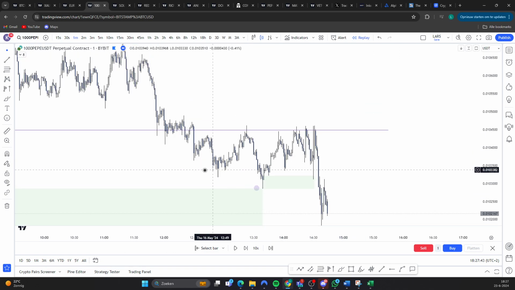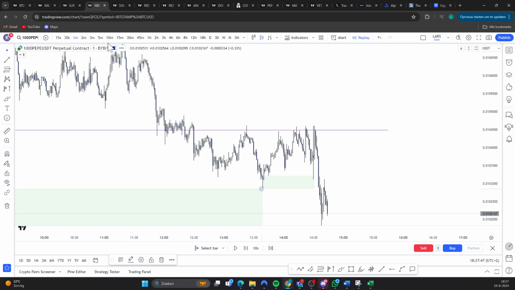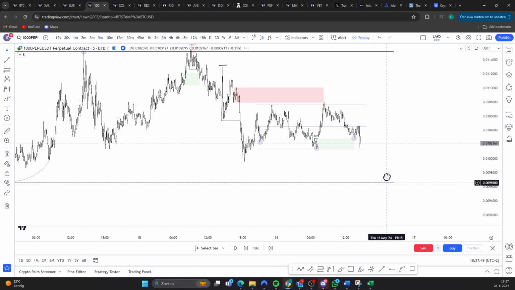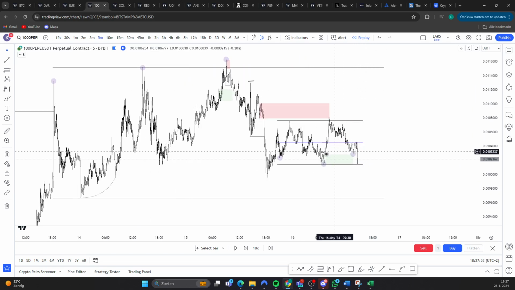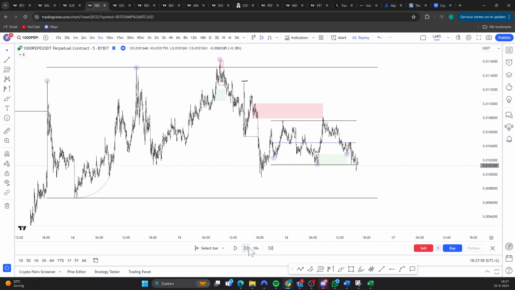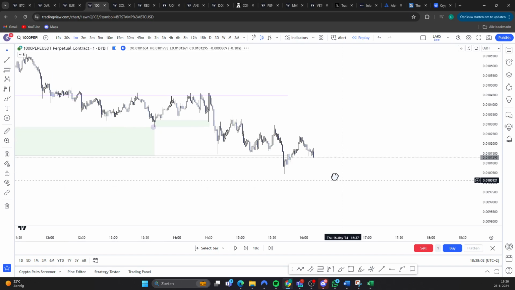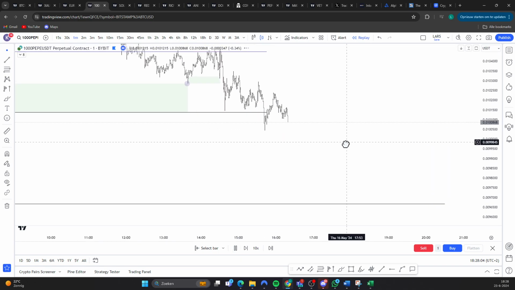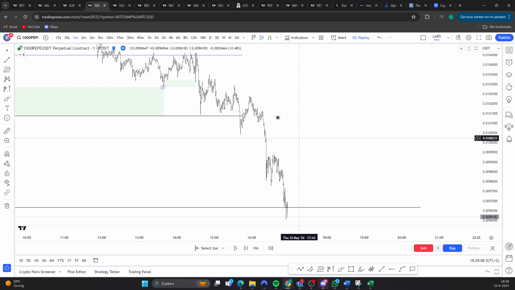But now that we see this Model 2 failing, which could potentially be the bigger tap of this Model 2, I'm getting pretty convinced that we're finally going to hit our target. There you go.